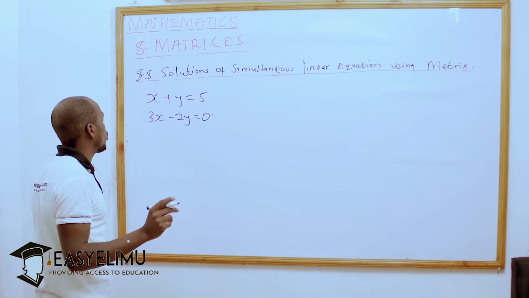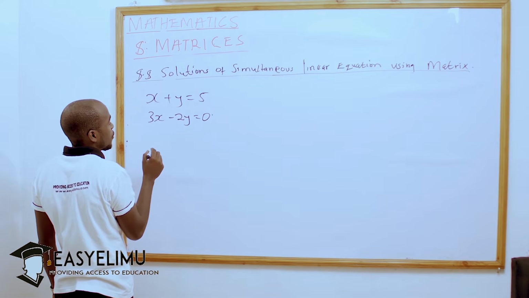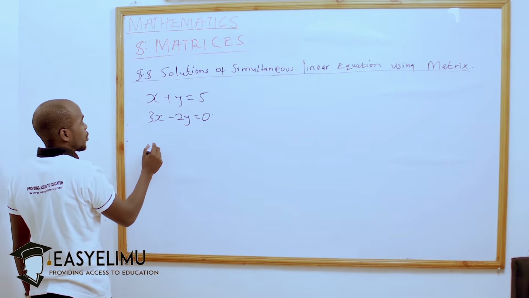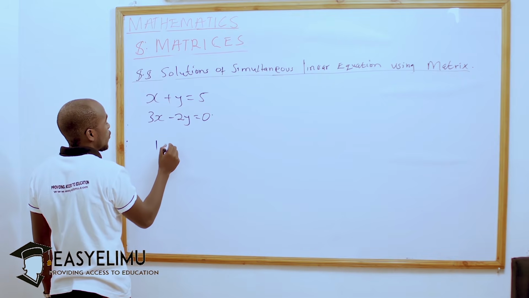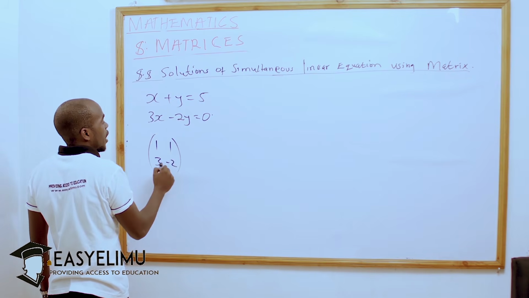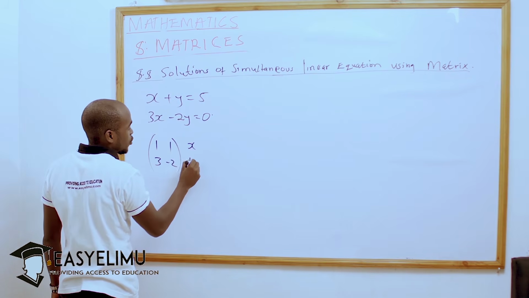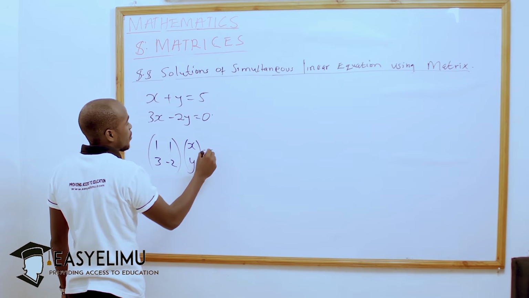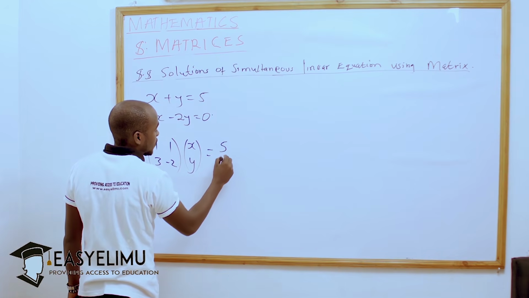Here, the first thing you do is form the matrix of coefficients: 1, 1, 3, negative 2. The matrix of variables is x, y. And the matrix of constants is 5, 0.